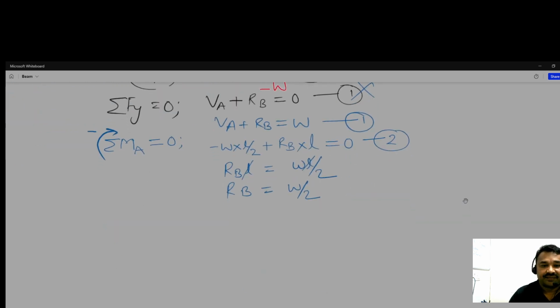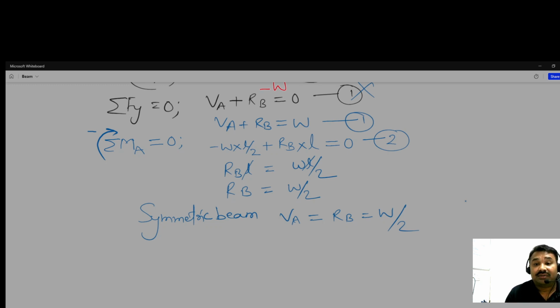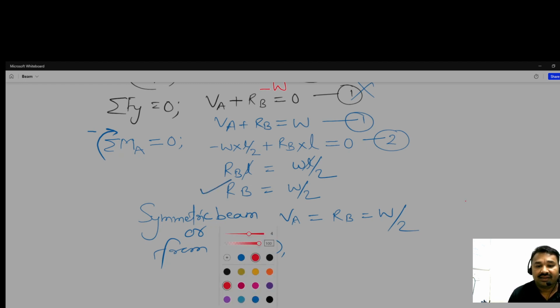Since the beam is symmetric, VA is equal to RB is equal to W by 2. Or from equation 1 also we can solve. What is our purpose? RB we know, then our purpose is to know VA.